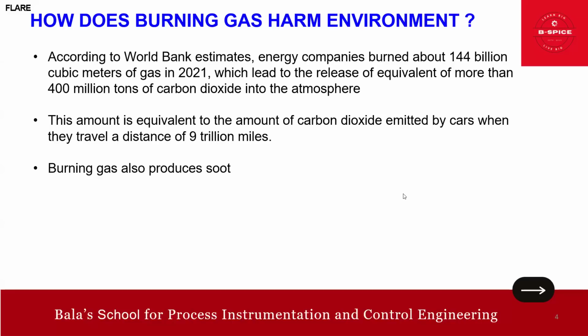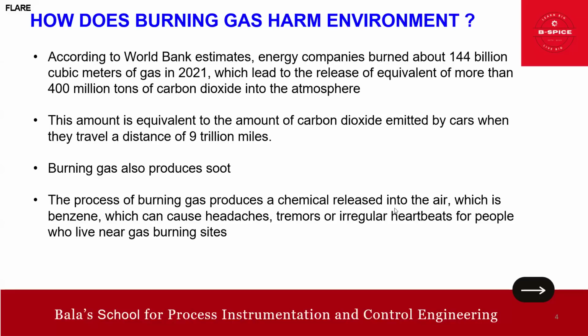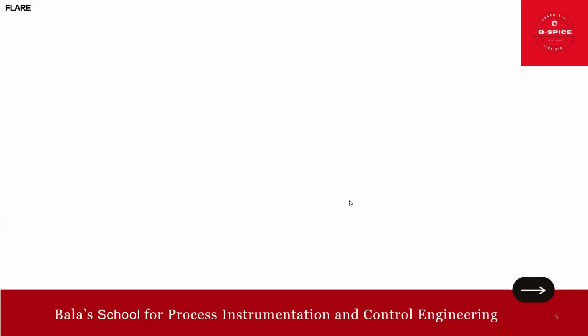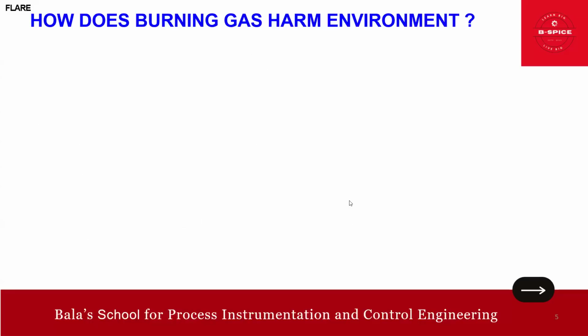Burning gas also produces soot, isn't it? The process of burning gas produces a chemical released into the air, which is benzene, which can cause headaches, tremors, or irregular heartbeats for people who live near gas burning sites. So that is the impact. And also, friends, benzene causes cancer.